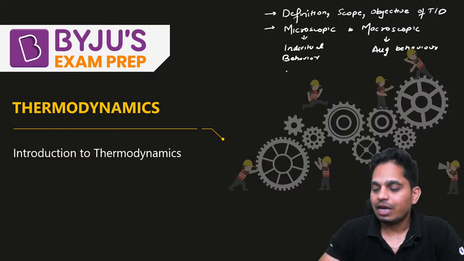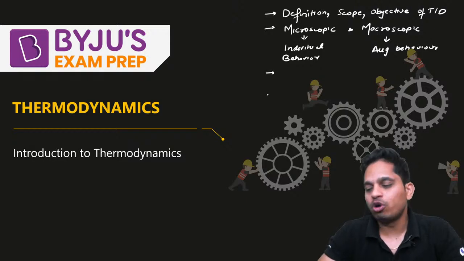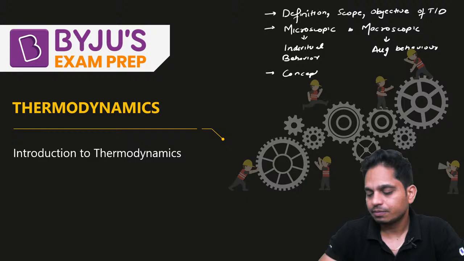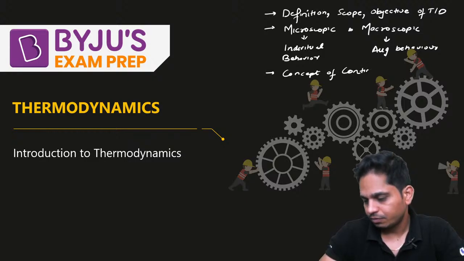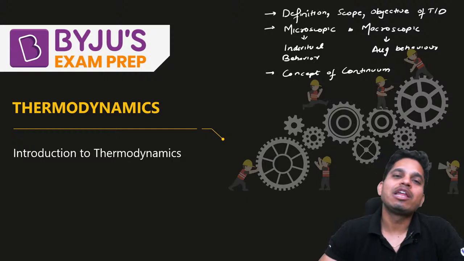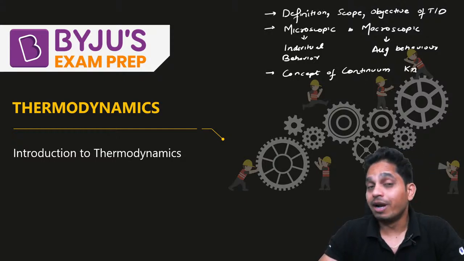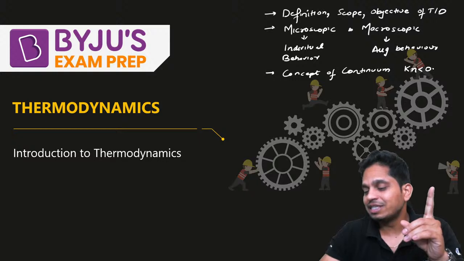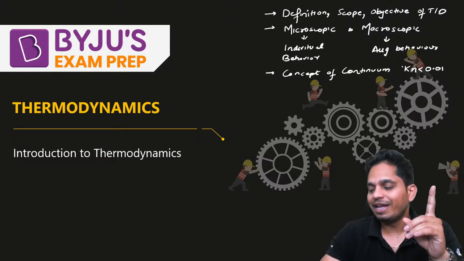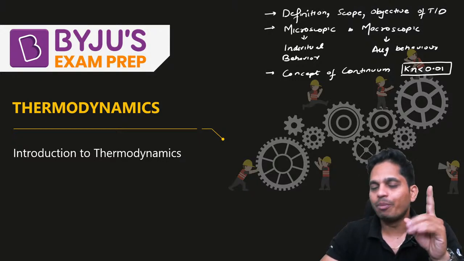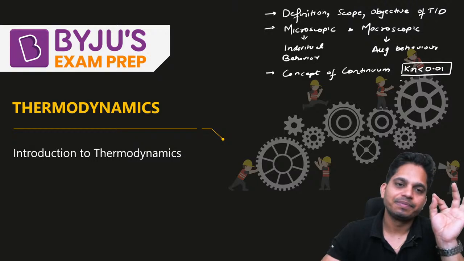ठीक है? Now based upon that, we have talked about the concept of continuum, and when the concept of continuum is valid. So here we have discussed that if your Knudsen number is less than 0.01, then you can say the concept of continuum is valid.